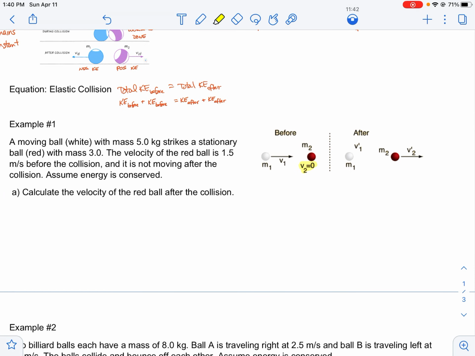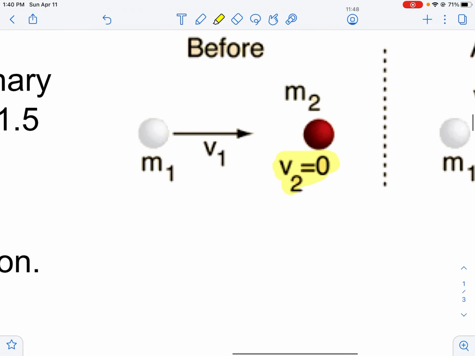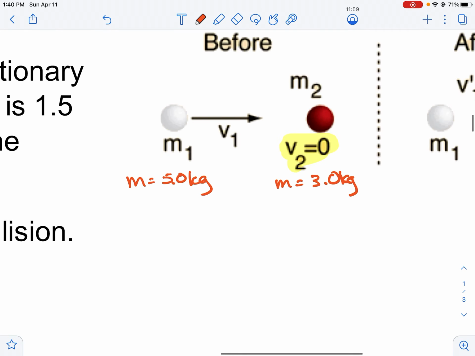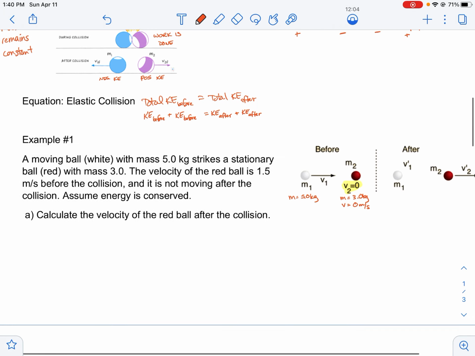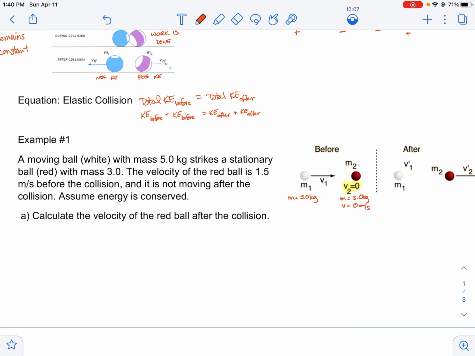A moving ball, white, with a mass of 5 kilograms strikes a stationary red ball with a mass of 3 kilograms. So I've got a mass here of 5 kilograms, and a mass here of 3 kilograms. It does tell me that this ball is not moving, so I've got a velocity of 0. And the velocity, oh, that's a typo. This should say white.